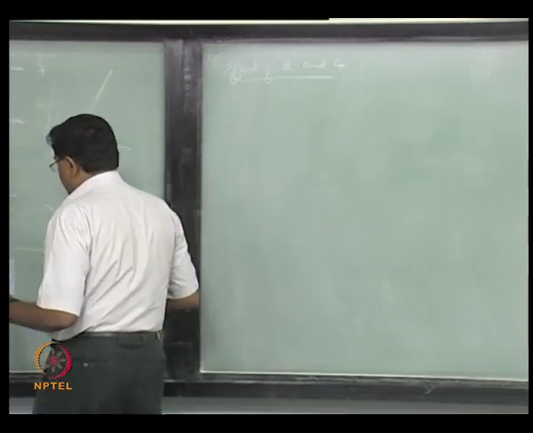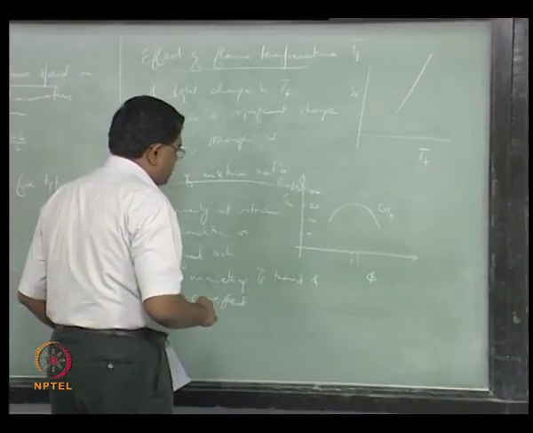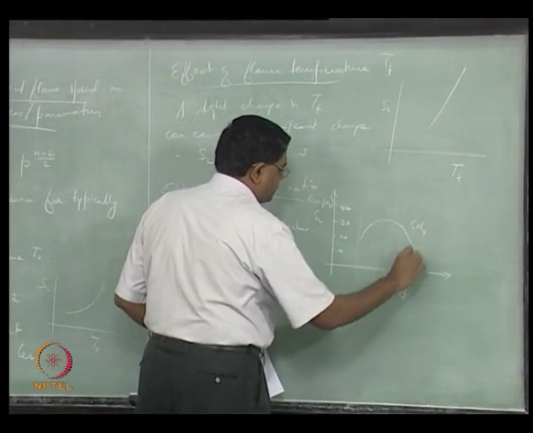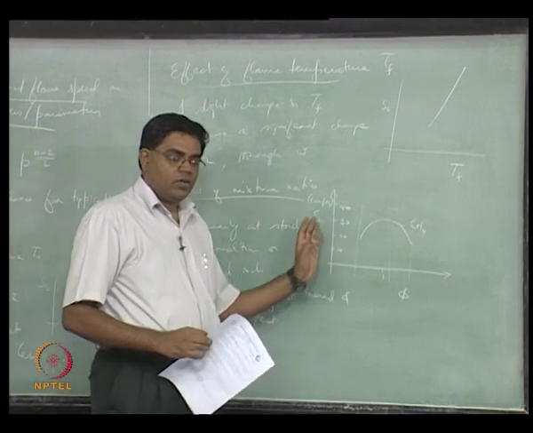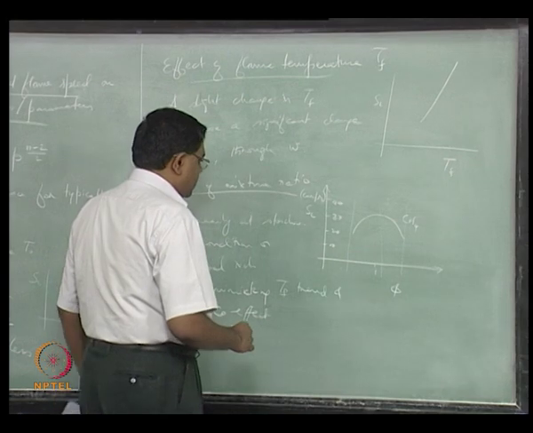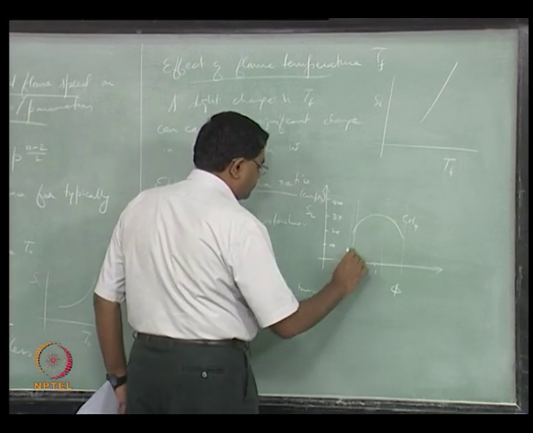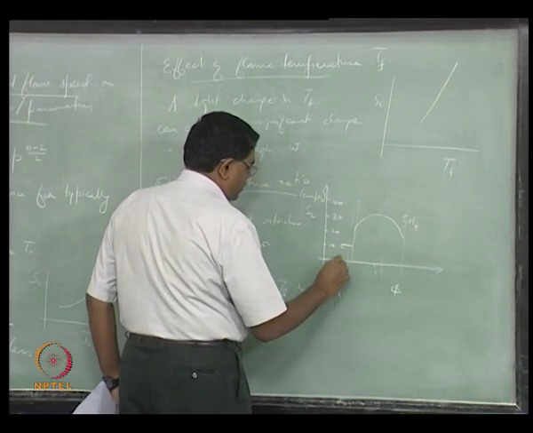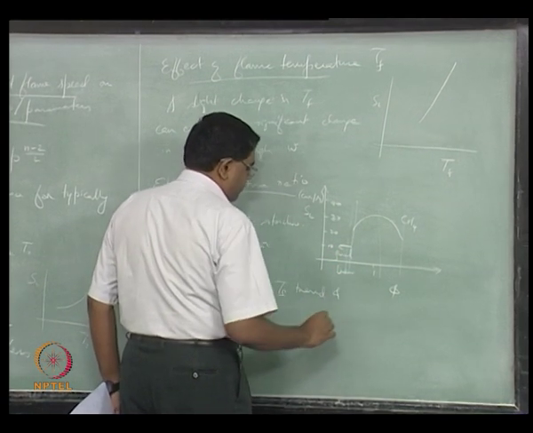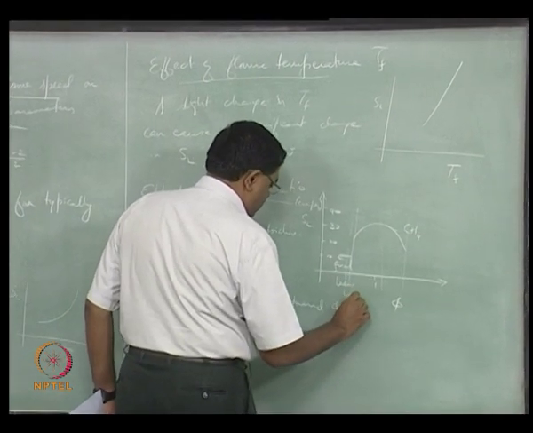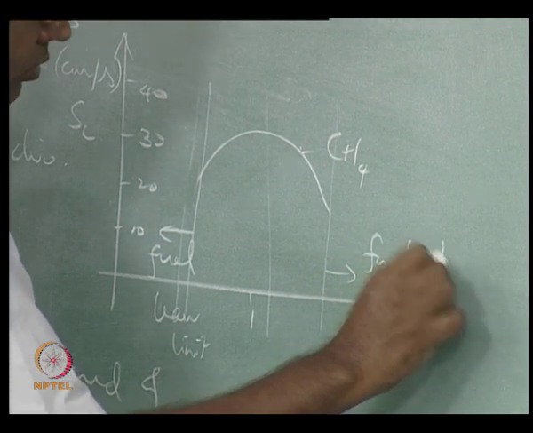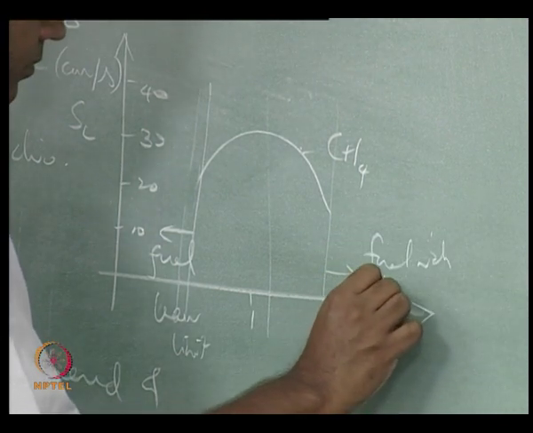right. I want to just go back and point out something here in this picture. So this curve stops on either side beyond a point as you go away from equivalence ratio 1, and this would be the fuel lean flammability limit, and this would be the fuel rich flammability limit.